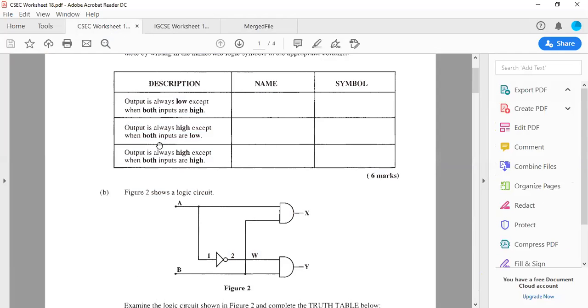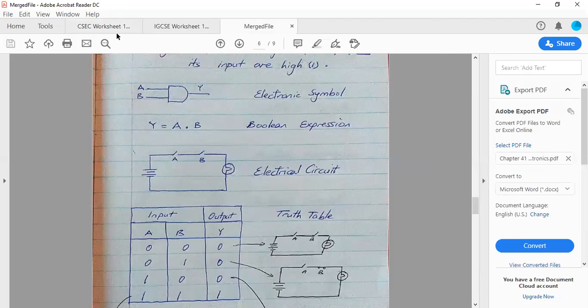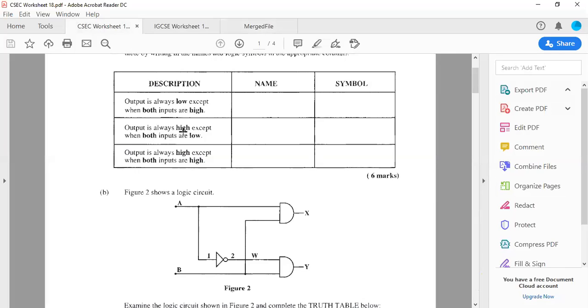Good. Right. So the second column: the output is always high except when both inputs are low. So the both inputs have to be low. We are saying that only when the two inputs are 0, then your output is going to be 0.